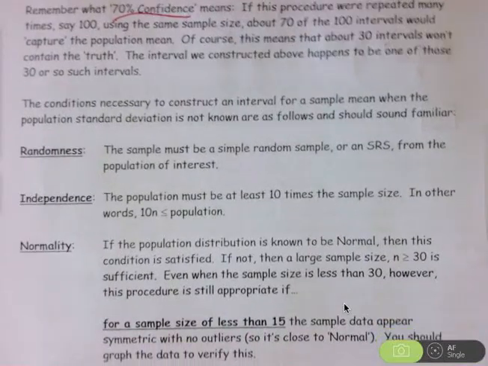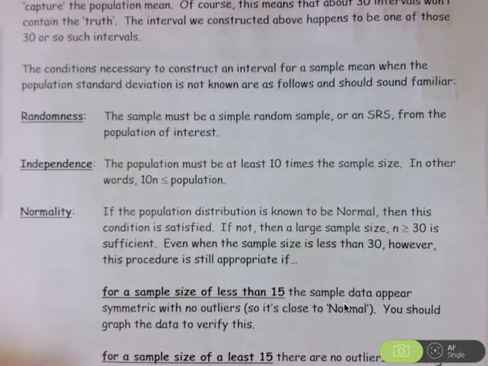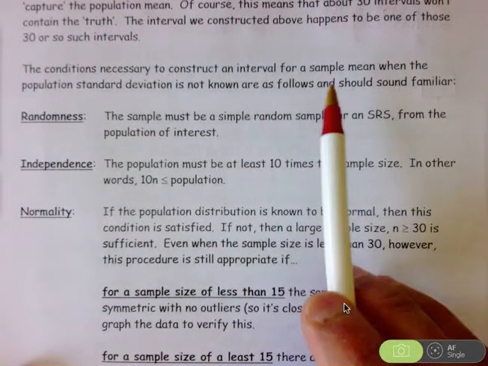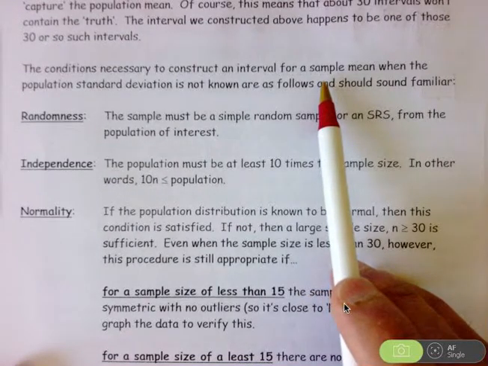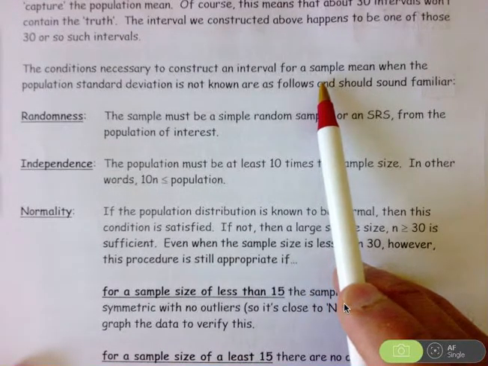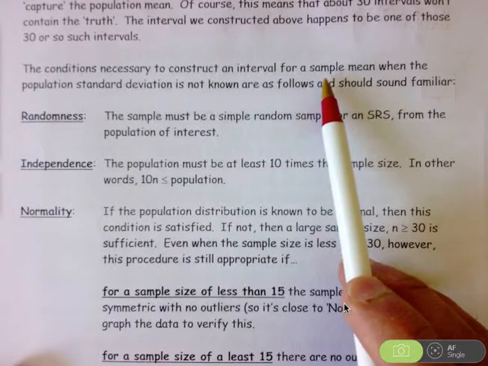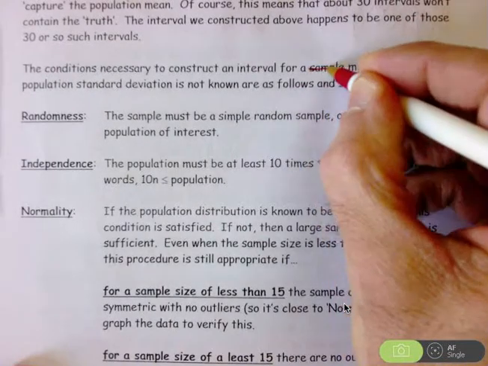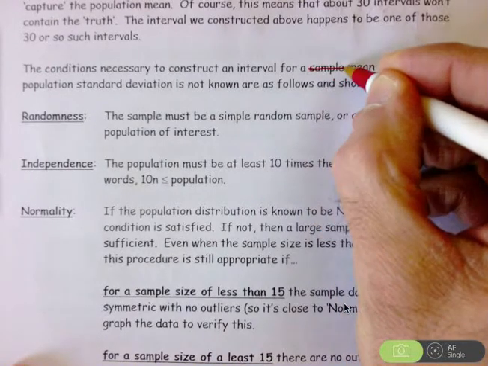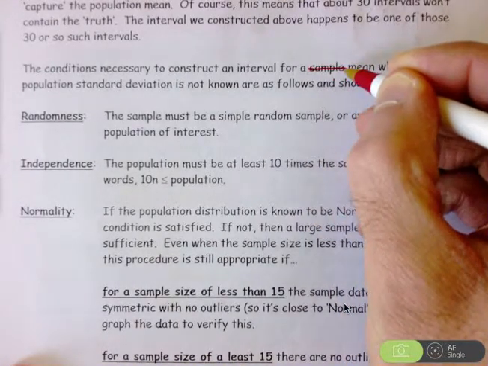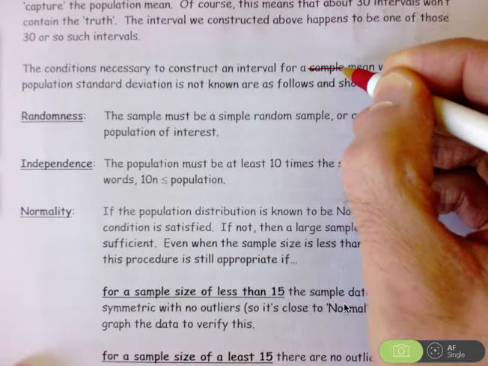So in terms of the conditions necessary to construct an interval for, and look at this, there's an important typo here on this handout. The conditions necessary to construct an interval for not a sample mean, this should be for a population mean. We use the sample mean in order to construct the interval, but the interval is trying to capture the population mean.